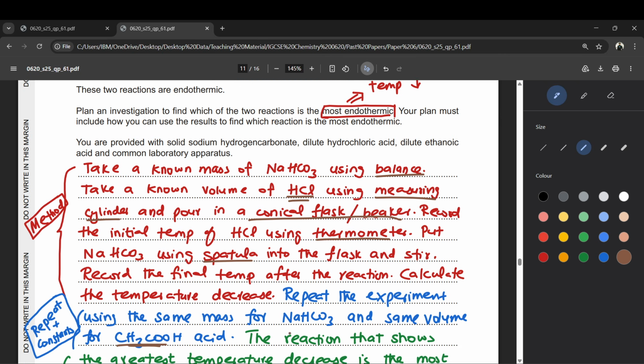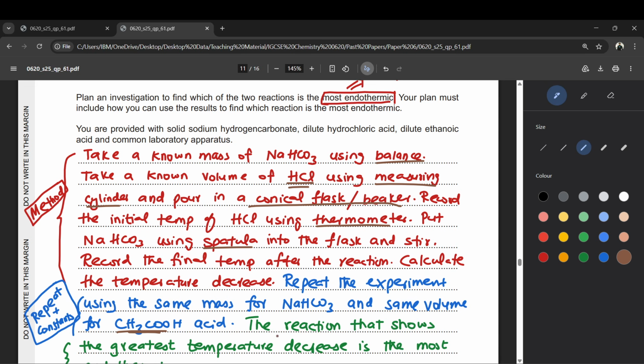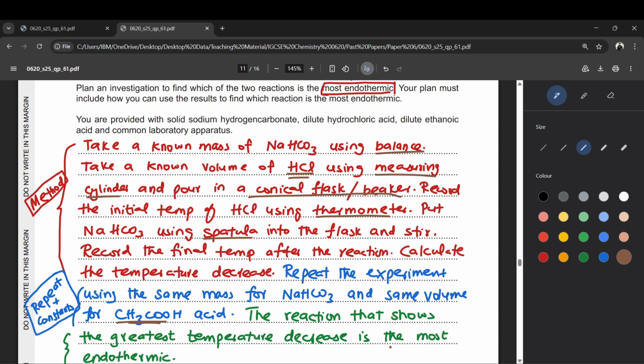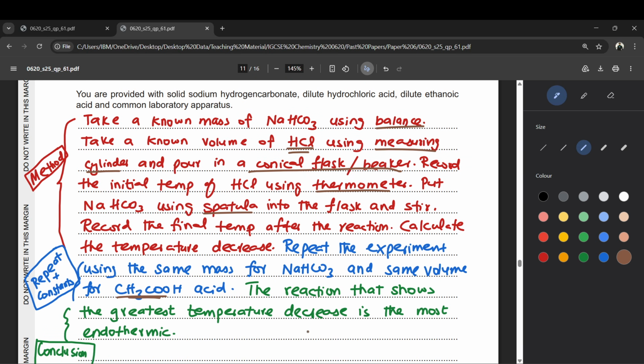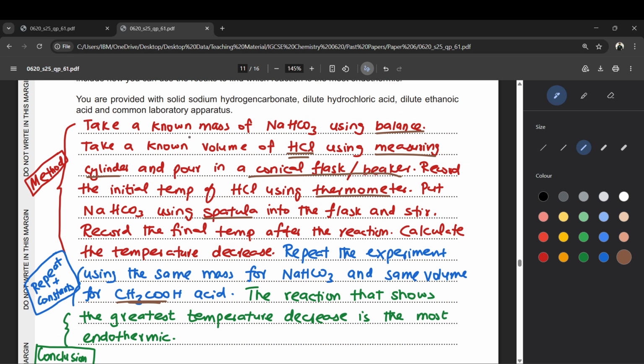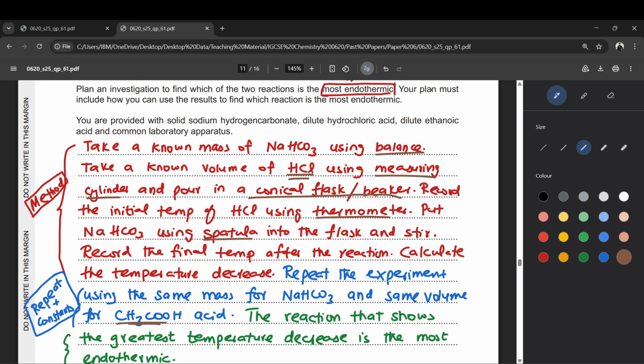Finally, now comes the conclusion. The reaction that shows the greatest temperature decrease is the most endothermic. This is your conclusive statement. So you see, what does it tell you? That your plan must include how you can use the results. What was my result? The initial and the final temperature.